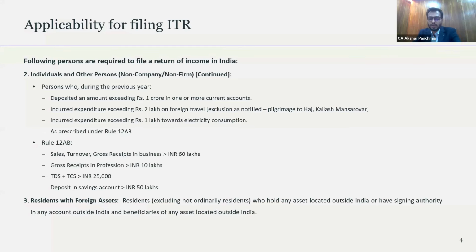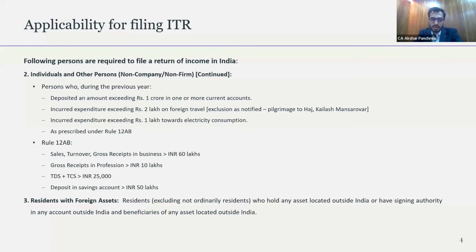In all these cases, even if you fall below your basic exemption limit, you would have to file your income tax return. So these are certain cases which one needs to analyze and ensure that you are not fulfilling when you are not filing your income tax return.